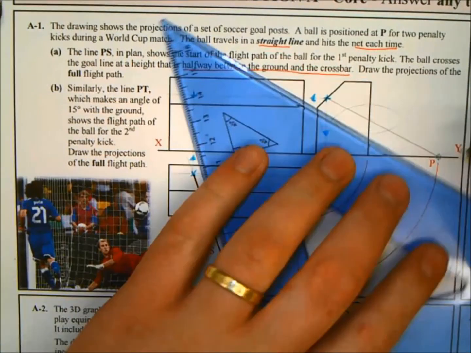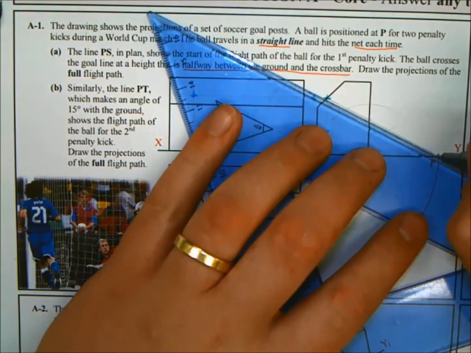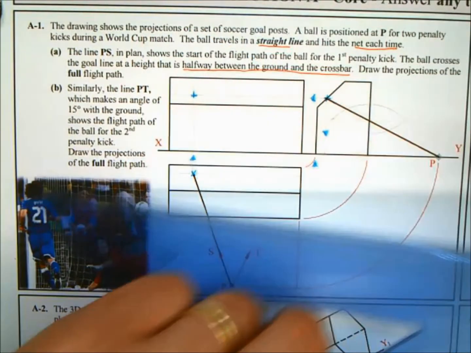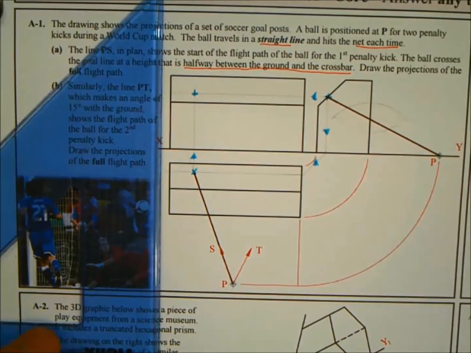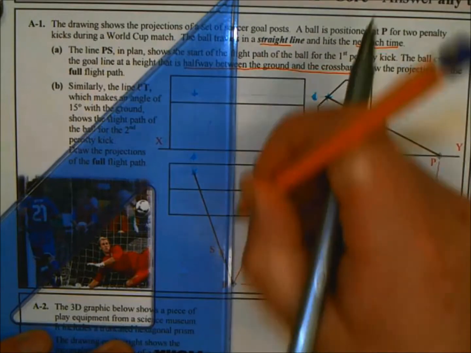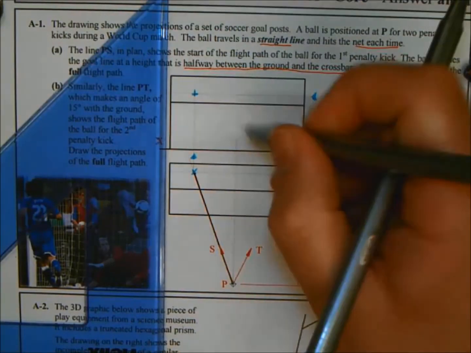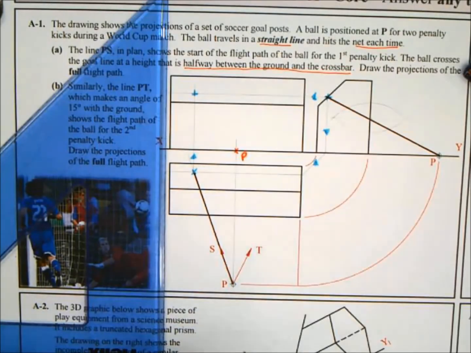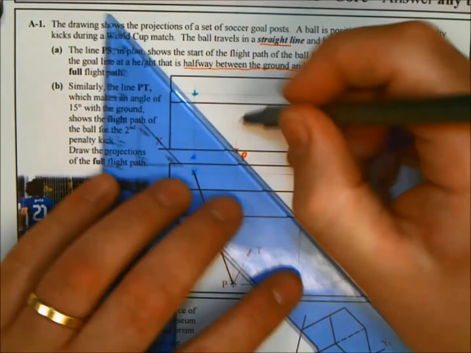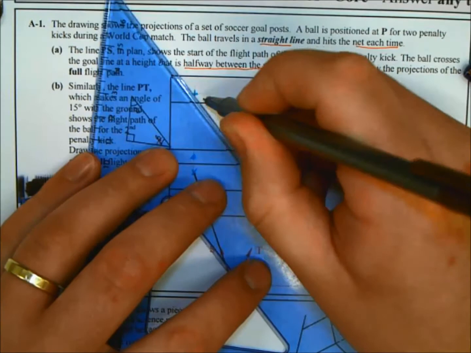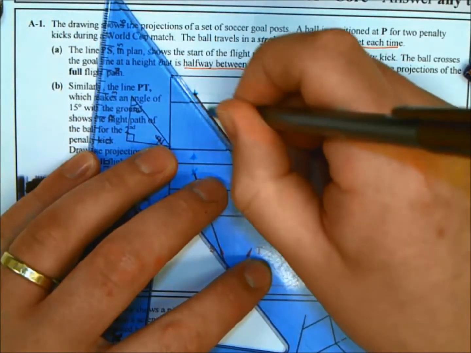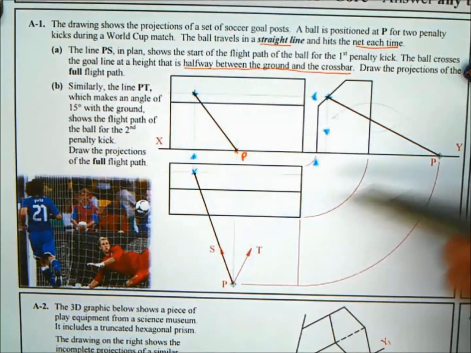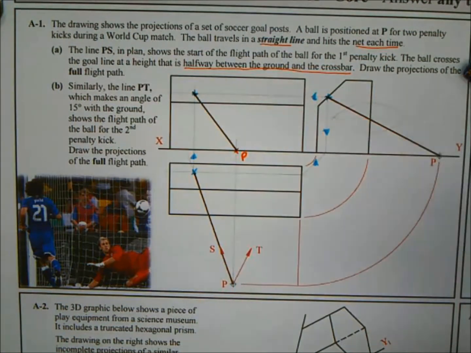Path in elevation, again from point P, project it up, and where you found it hits the net, going through halfway, then in elevation, project up your point P to find it here on the ground line. That's point P, join it back to where the ball hits the back of the net there. So that's the elevation, plan and end view of the path of the first penalty kick.